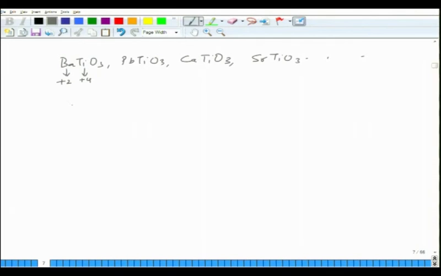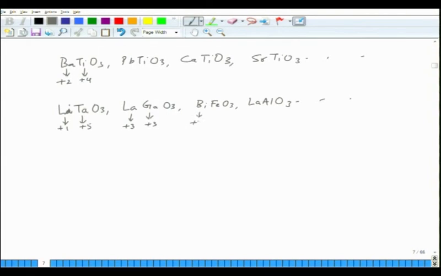For example, you can see LaTaO3, LiTaO3, lithium tantalate, and then you have LaGaO3, BiFeO3, LaAlO3. In this case, +1 and +5. Here you have +3 +3.